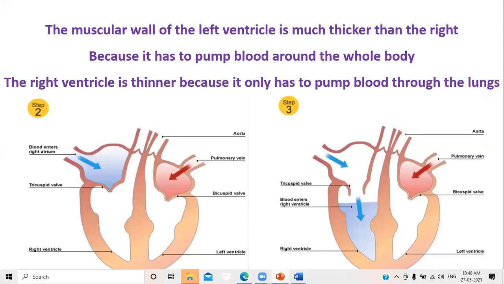Now your blood became deoxygenated again. It will get back to the heart through the vena cava into the right atrium, the right ventricle, pulmonary artery, lungs, pulmonary vein, left atrium, left ventricle, aorta. Is it clear?